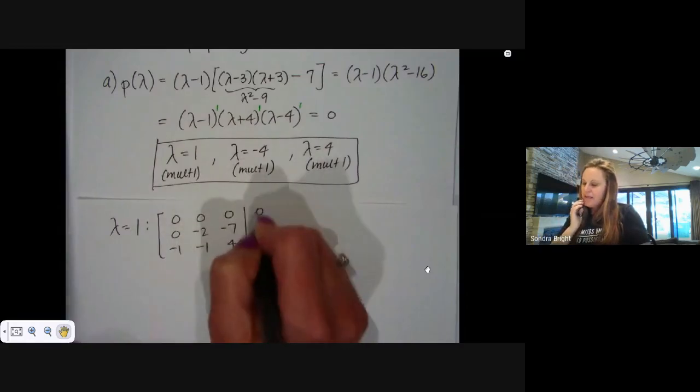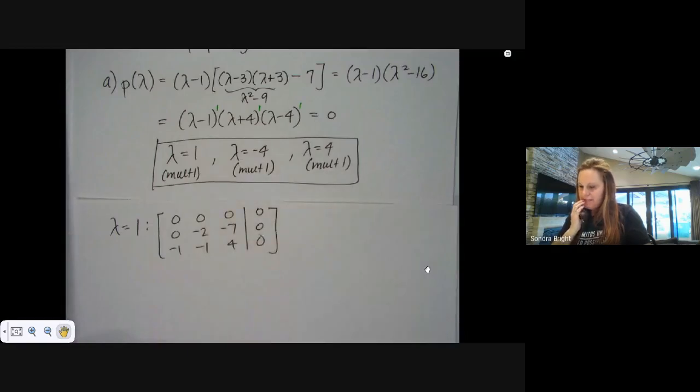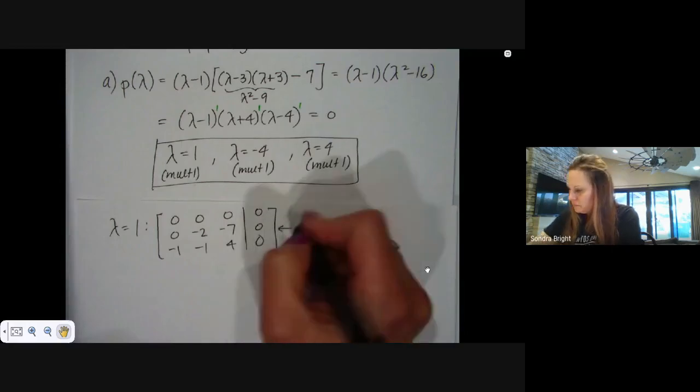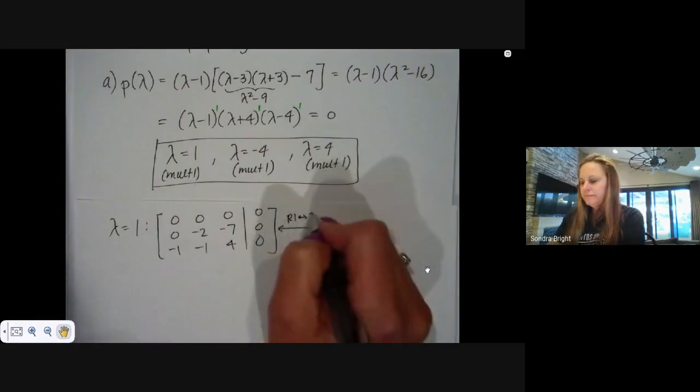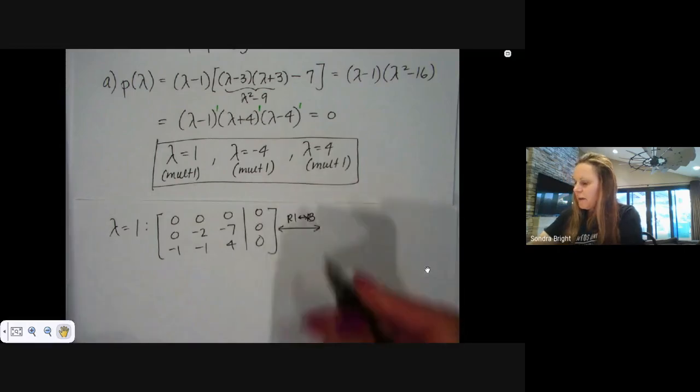And so what I'll do first is let's do a swaparoo. I'm going to swap rows 1 and 3.